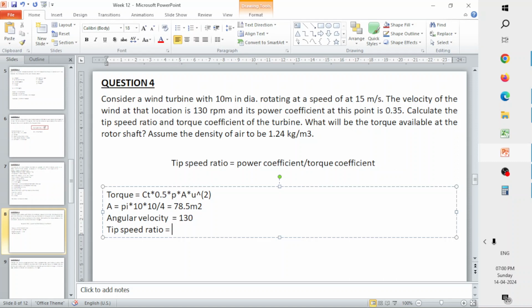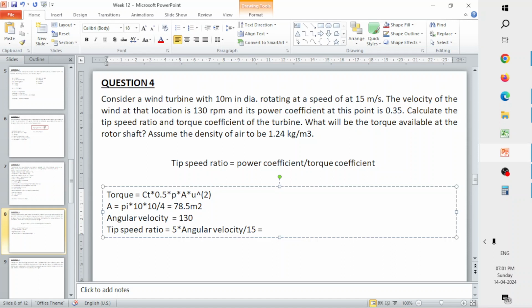That is omega r by u, where omega is the angular velocity, r is the radius, and u is your free stream velocity. So 5 times the angular velocity divided by 15, you'll be able to get the tip speed ratio.